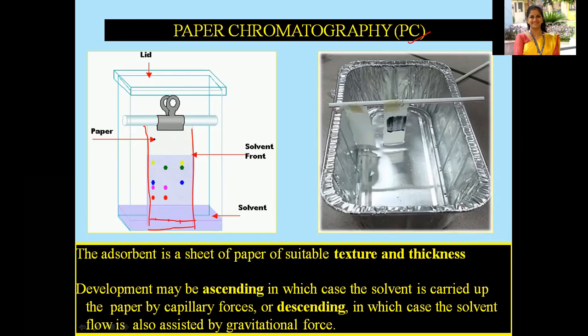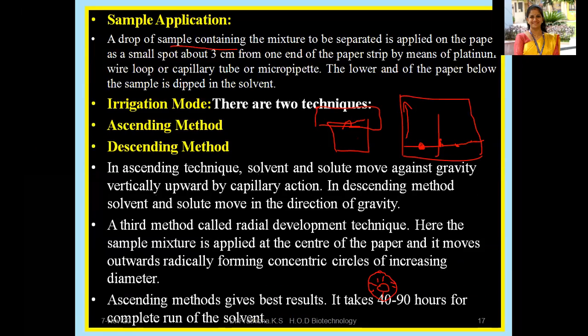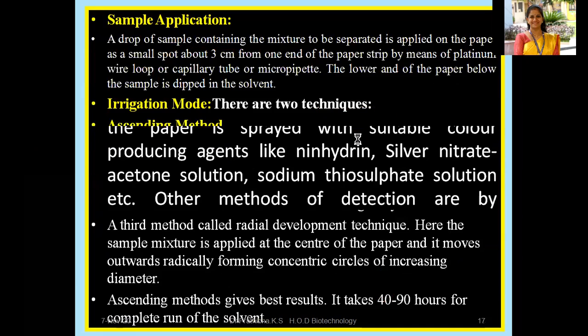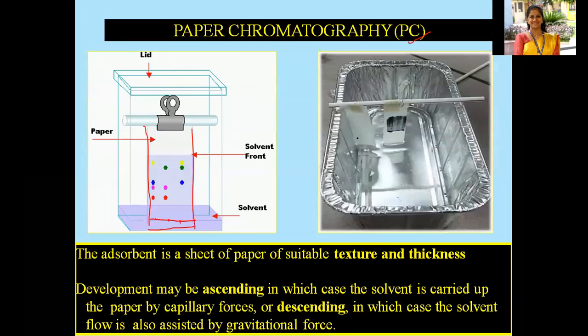Once you put all these three samples, you are going to place the chromatographic paper within this closed container. Here you can see the solvent, and this is known as the solvent front, and this is the paper, the Whatman filter paper. See here, you can see the clip.